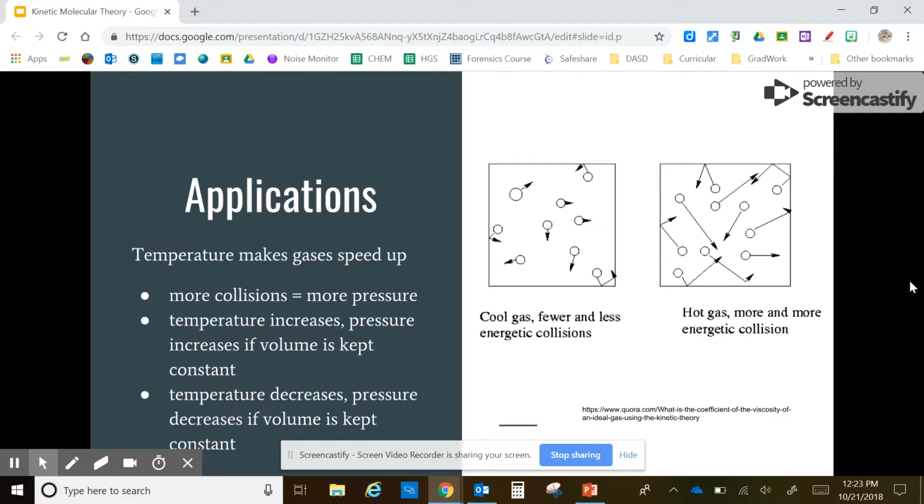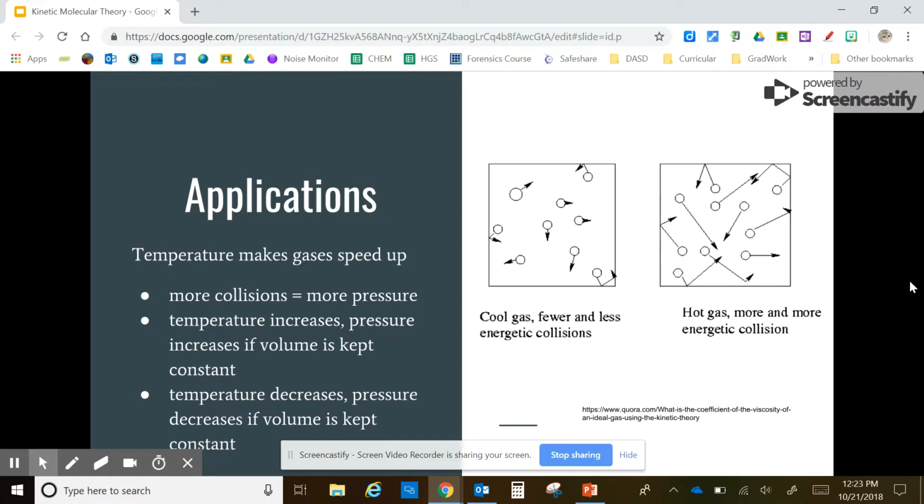More heat means more collisions. More collisions means more pressure. So when things are colliding into the walls of their container, into each other, we call that pressure. So if there's not that many collisions happening because they're not moving very much, it would have a low pressure. But the more they collide, the more the pressure builds up.